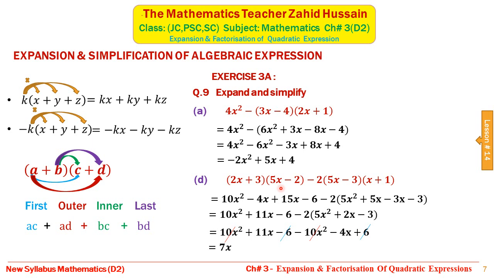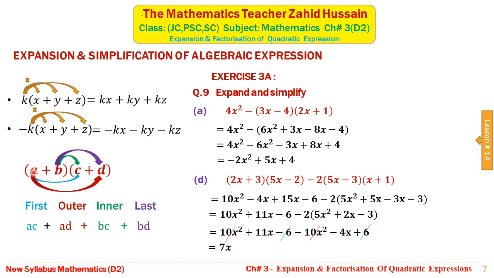Some part of each question is solved by me, and some of the parts you will solve by yourself. Hope this topic is clear now. Expansion and simplification. This type of expression, when there is one term and within bracket there is an expression, or there are two brackets and all the terms are different.